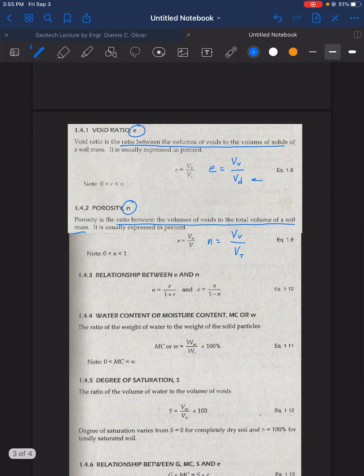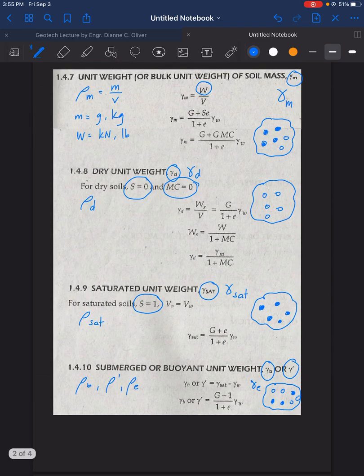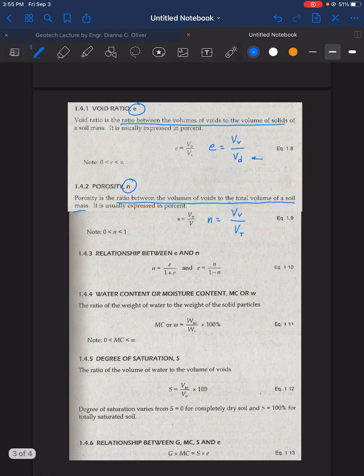A while ago, we were talking about the dry unit weight, which is taken from the oven, meaning it doesn't contain any moisture, or it is 0% saturation. Here in void ratio, we also have the sample in the dry state, or we are considering the dry volume in the denominator.